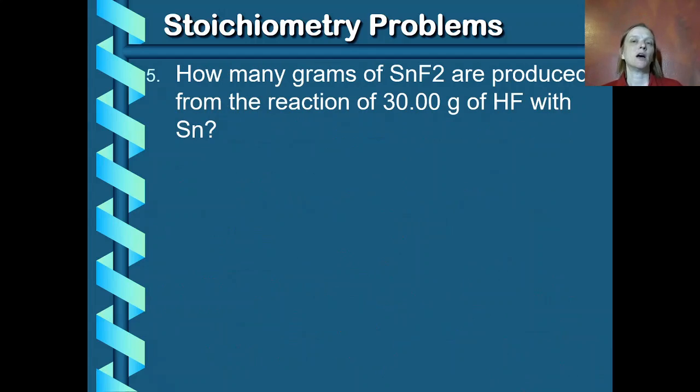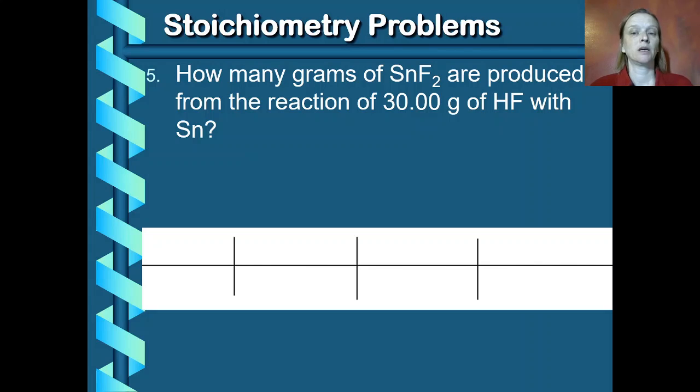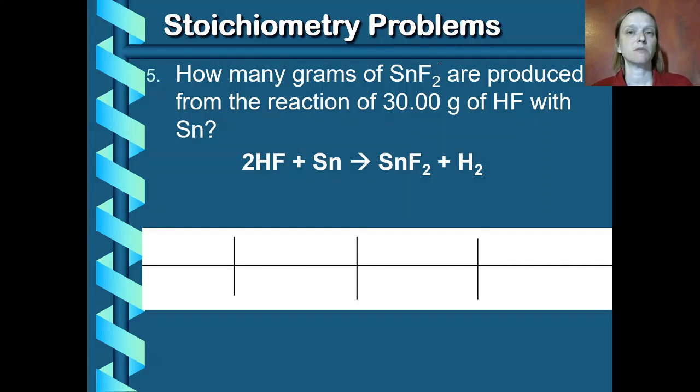How many grams of tin 2 fluoride are produced from the reaction with 30 grams of hydrogen fluoride with tin? This is going to be a 3-step process because I'm wanting my final answer in grams and I'm given my initial value in grams. So let's determine what our known and unknown values are, or let's label them.